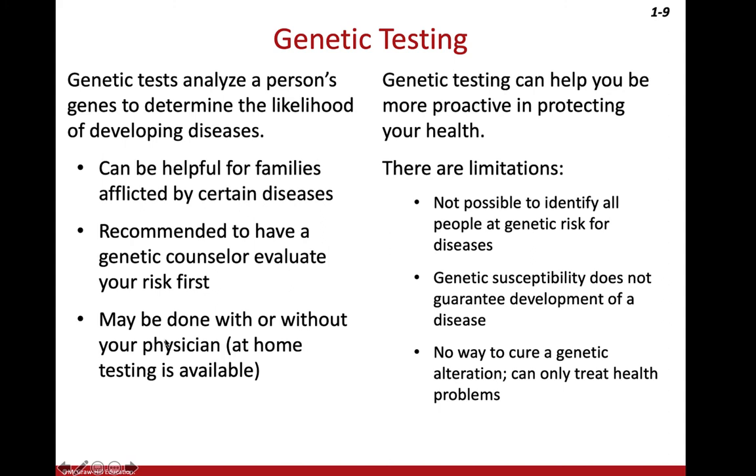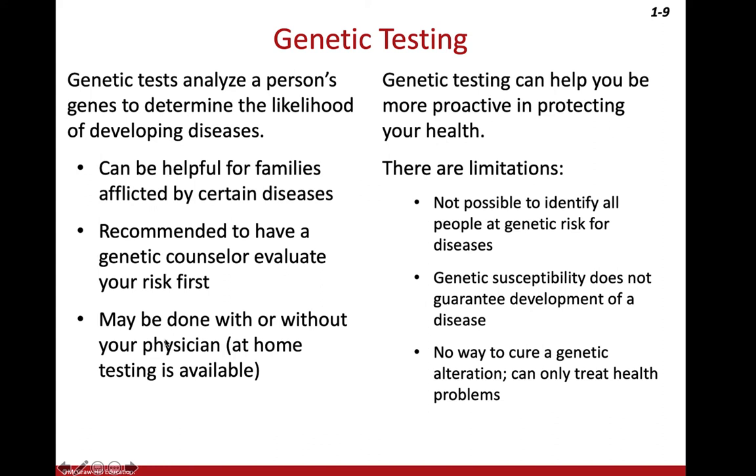Now, genetic testing is now a very normal thing to do. Many of you probably have gotten one of those genetic tests that's advertised on television through Ancestry, or there's a whole bunch of them out there right now. What a genetic test does is analyze a person's genes to determine the likelihood of developing different diseases.